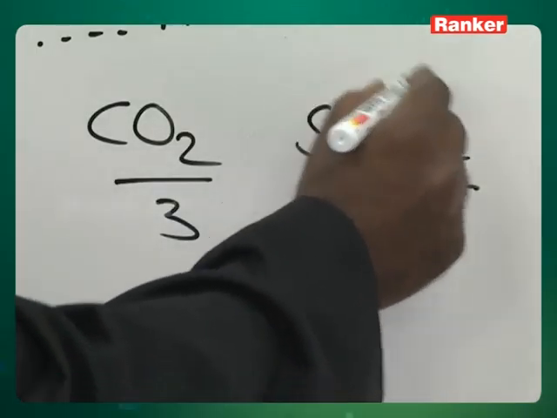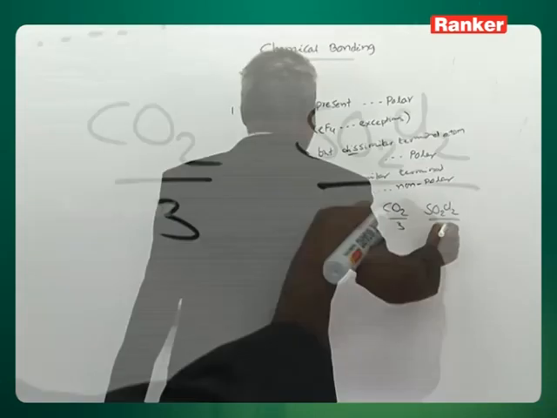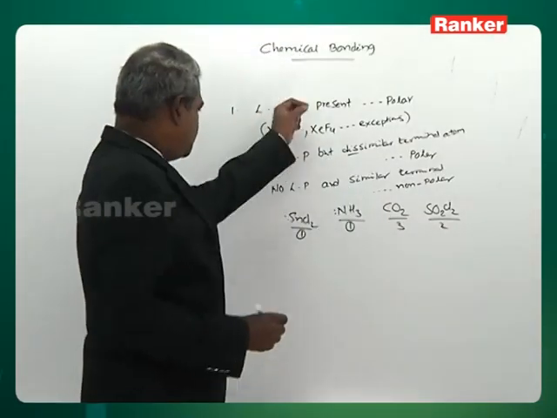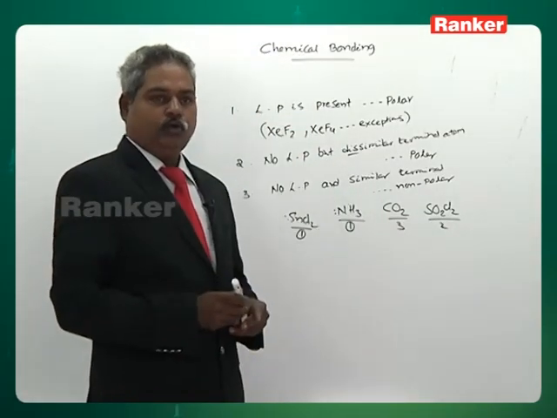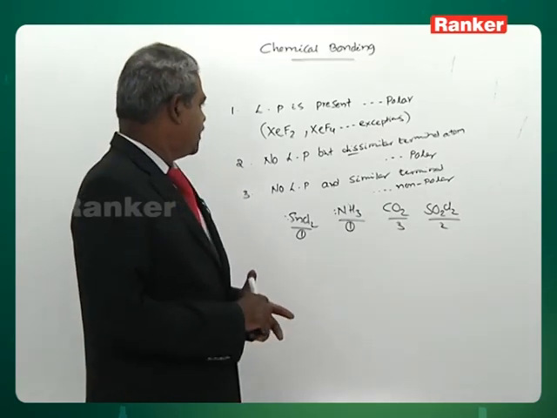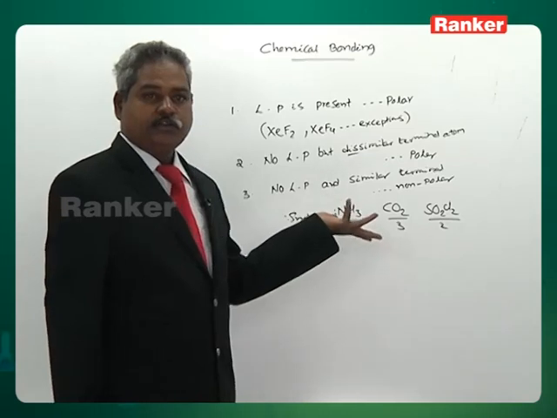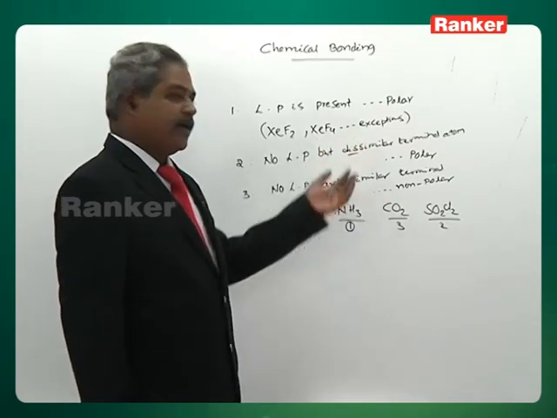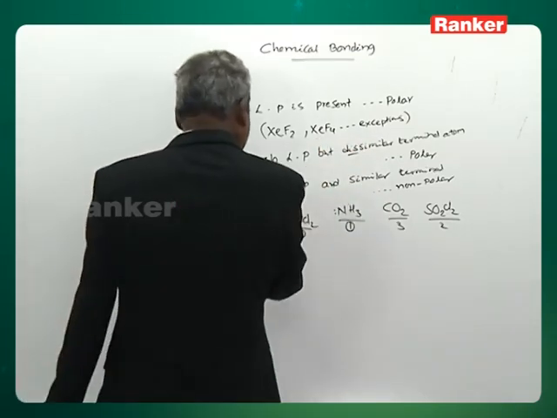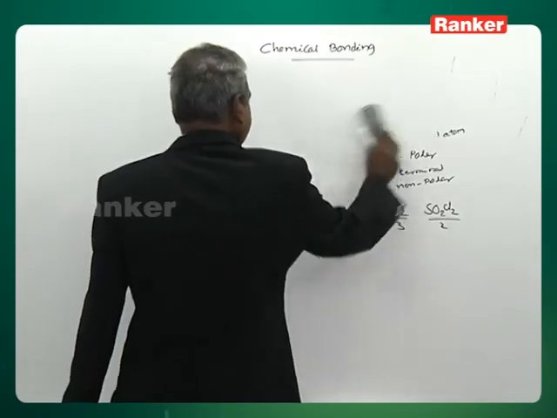Why? Dissimilar terminal atoms. So, case 2. Like this, using these 3 simple rules, in fact, you can say there is only one rule: lone pair, no lone pair. Similarity, dissimilarity.